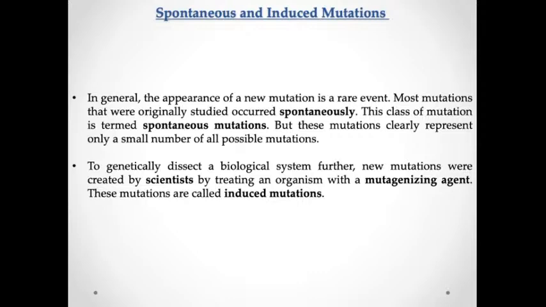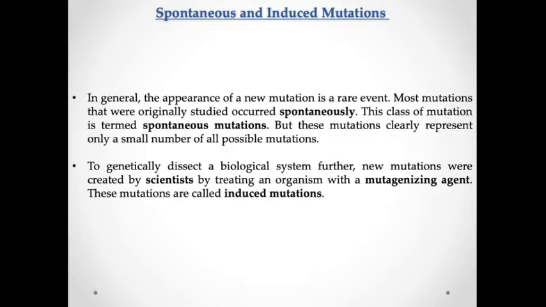Then come spontaneous and induced mutations. In general, the appearance of a new mutation is a rare event, but most of the mutations originally studied occurred spontaneously, and this class of mutation is termed spontaneous mutations. These are the mutations which occur on their own. And these mutations clearly represent only a small number of all possible mutations.